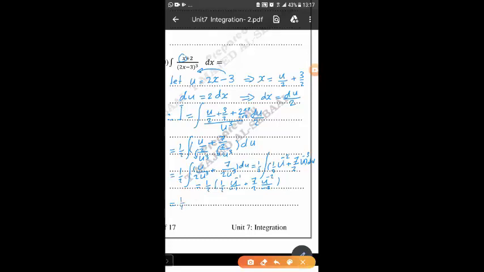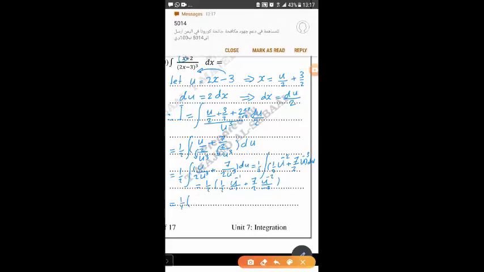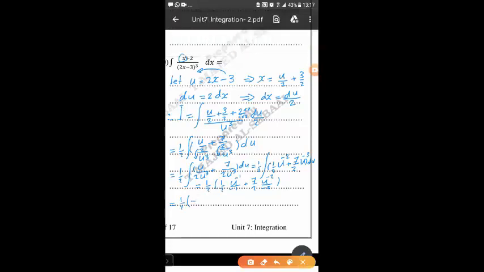Equal, this will be minus, it is minus 1 over 2, which is this, right? u, plus, it will be minus 7 over 4 u squared.